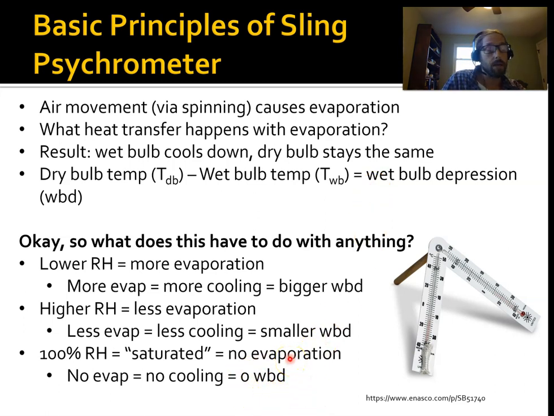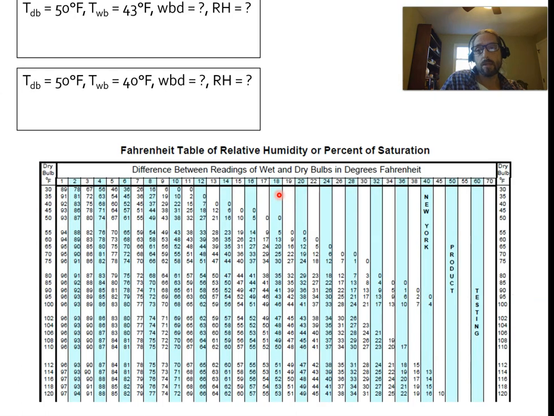So if you spin it around and around and you're not getting any change in your wet bulb temperature, then as long as you did everything correctly, that means you have 100% relative humidity.